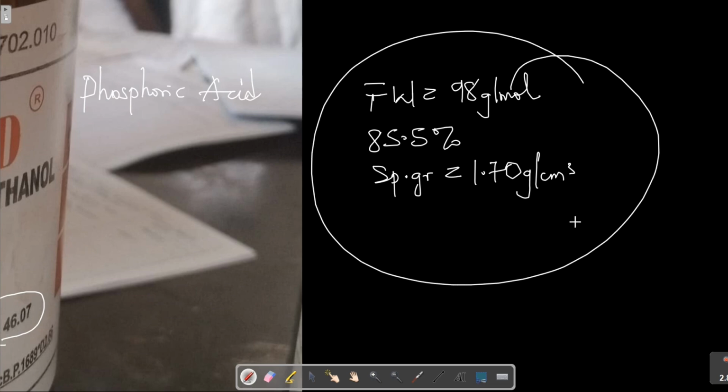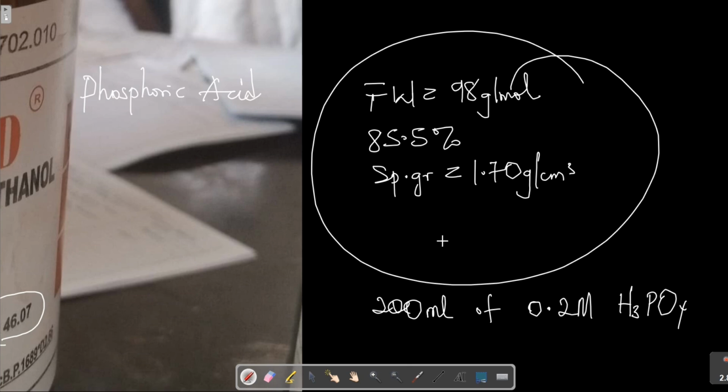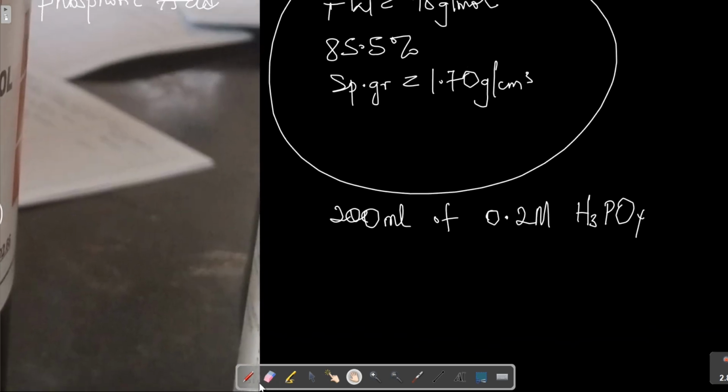Drop the answer in the comment section below. If you want to prepare 200 ml of 0.2 molar phosphoric acid, which is H3PO4, what volume of the initial stock solution do you need to measure? That means you're using your dilution formula. You want to dilute the original concentration to 0.2 molar.